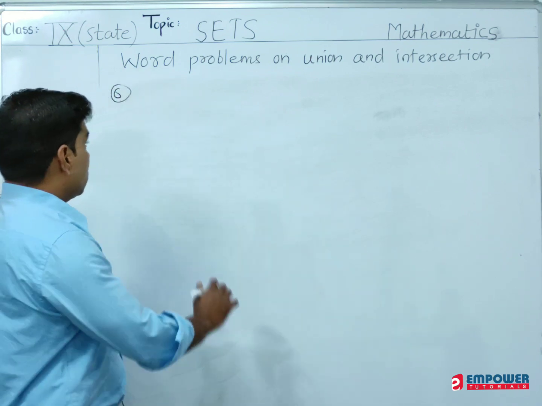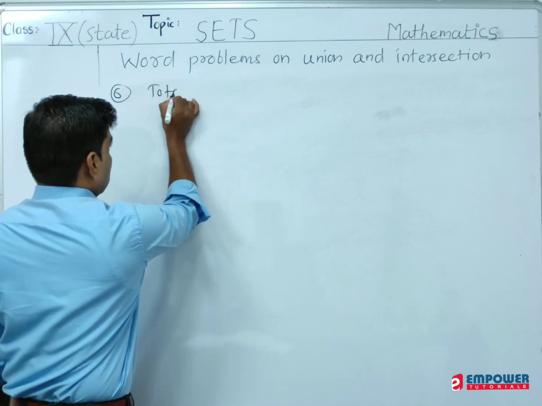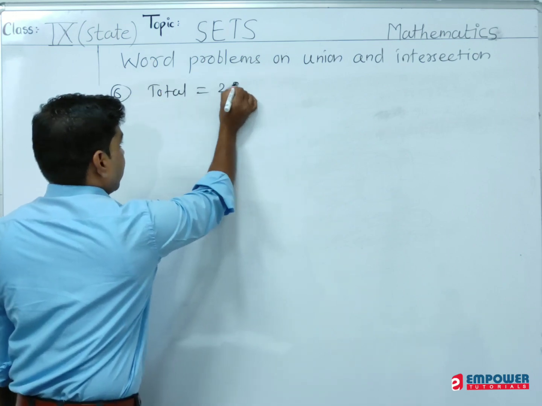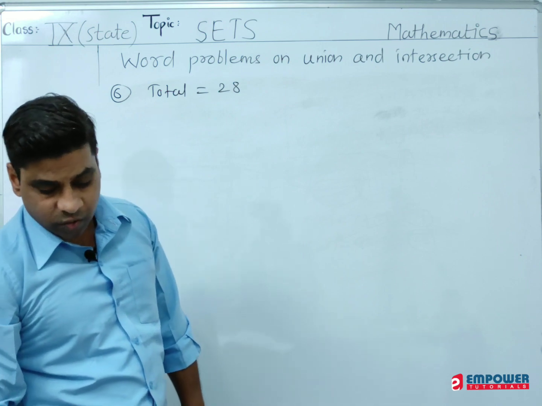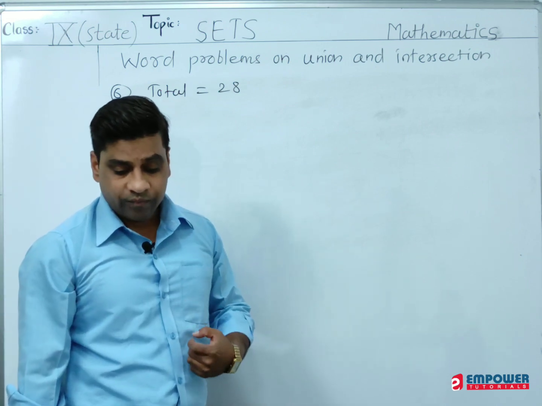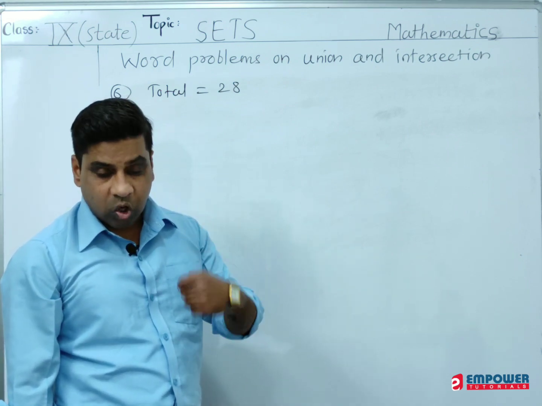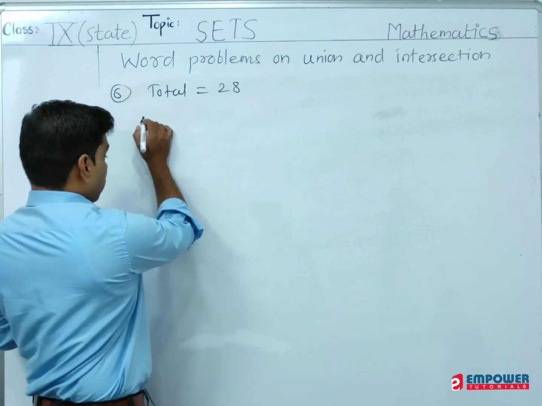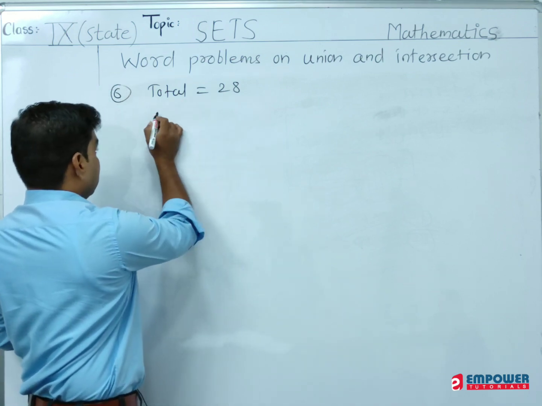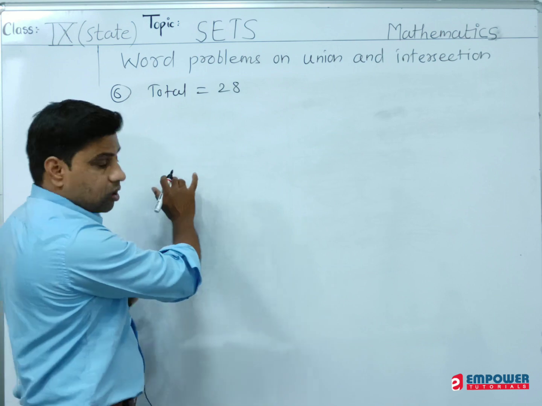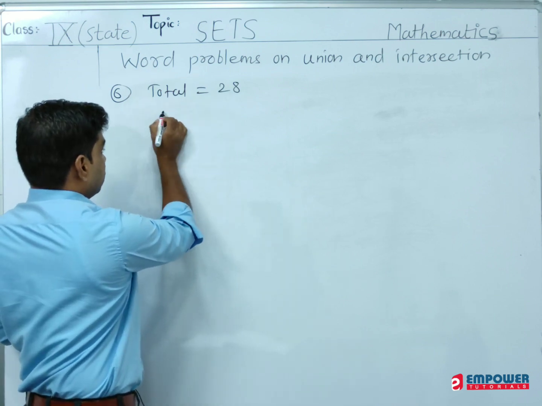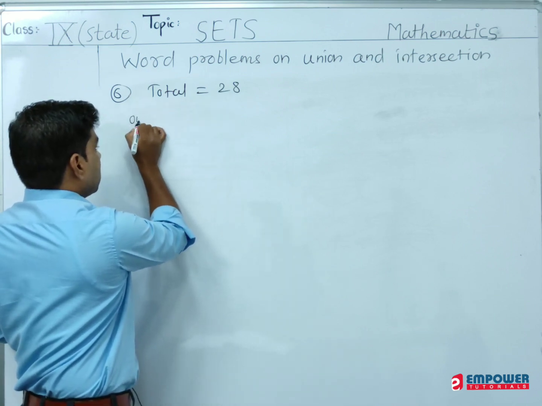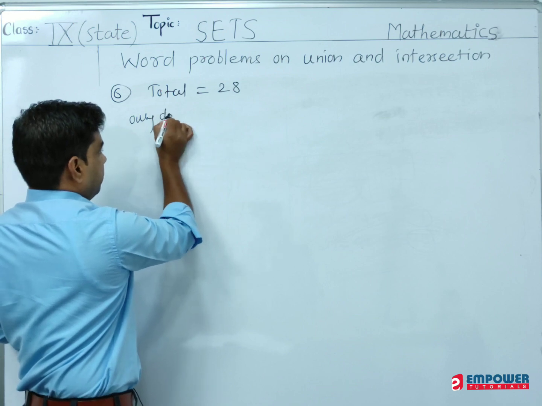See, the total number of students is given. Total number of students is 28. And there are 8 students who have a dog as their pet animal at their home. So we can say 8 students have only dog as a pet animal.